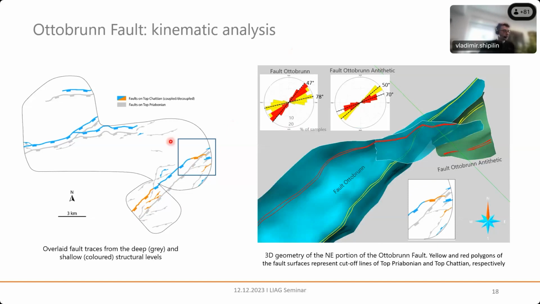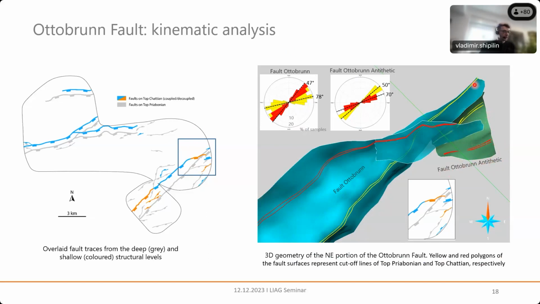This is something that I forgot that I will be mentioning. If we look a bit closer at this northeastern tip of the fault in 3D, in turquoise I've got the fault plane, that's the fault Ottobrunn, which here, for example, has this decoupled segment that is then below coupled with the fault Ottobrunn antithetic, an oppositely dipping fault.